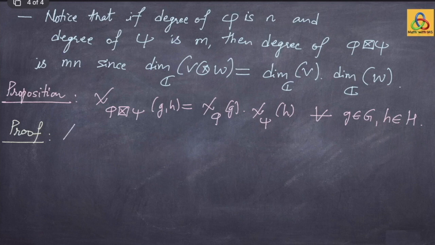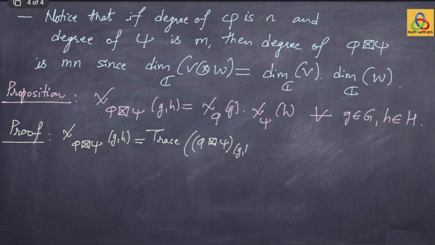Let's prove it. So consider chi of phi exterior tensor psi acting on the group element (g,h) of the direct product G cross H. By definition, this is the same as the trace of phi exterior tensor psi at (g,h), this transformation. But what is this? This is the same as the trace of phi g tensor psi h.